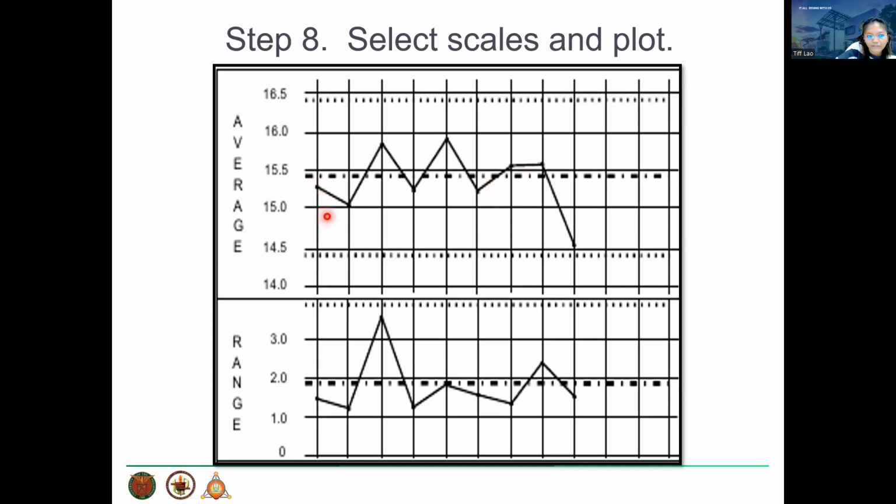Kunwari sa Feb 1. Ano 'to? Correct. These are the means, ito yung mga means ng subgroups mo. So this is the mean for Feb 1, mean ng Feb 2, Feb 3, Feb 4, and so forth hanggang Feb 9. Clear?